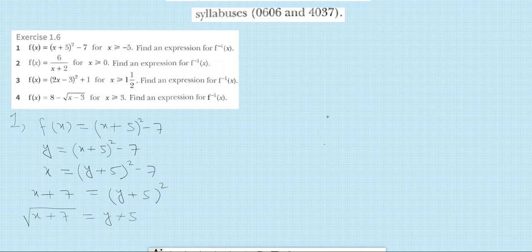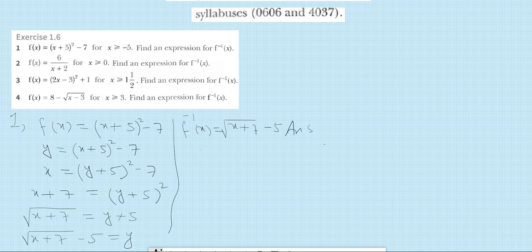Move this 5 to the other side, we get square root of (x plus 7) minus 5 is equal to y. And the last step is to replace this y by f inverse x. So f inverse x is equal to square root of (x plus 7) minus 5. This is our final answer.